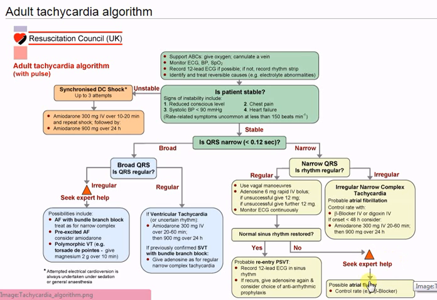So what you need to do is control the rate of the patient. You can try beta blockers or digoxin.